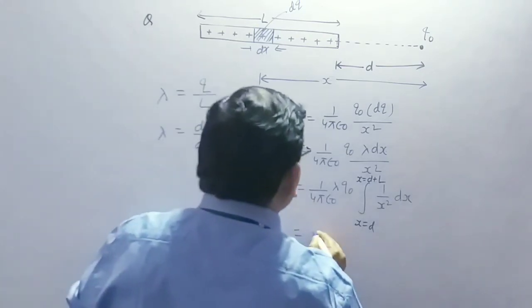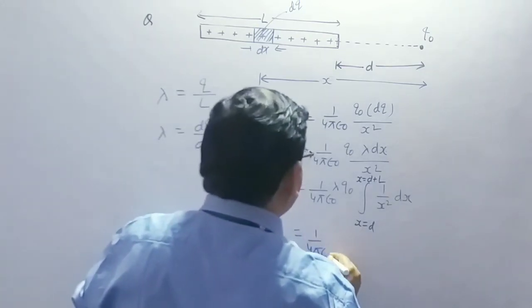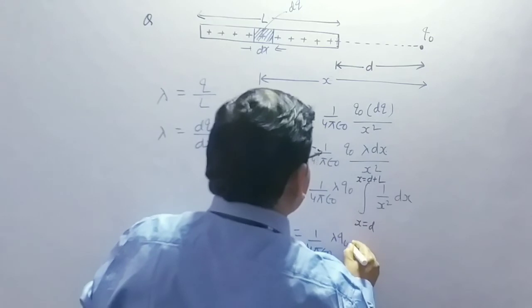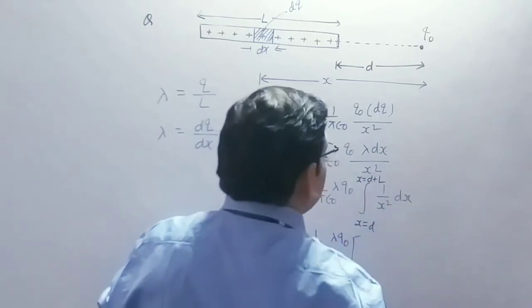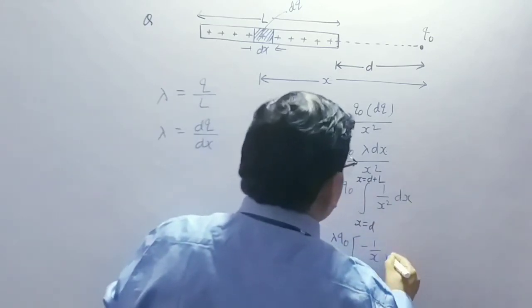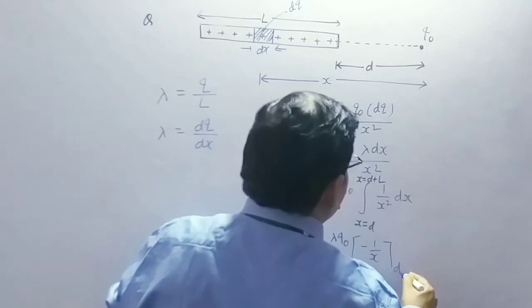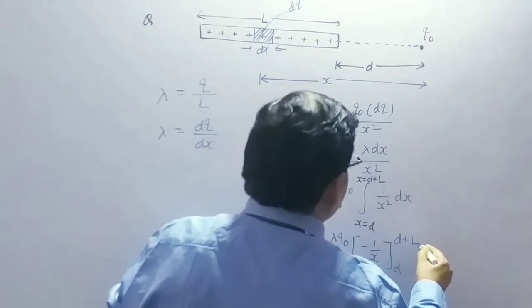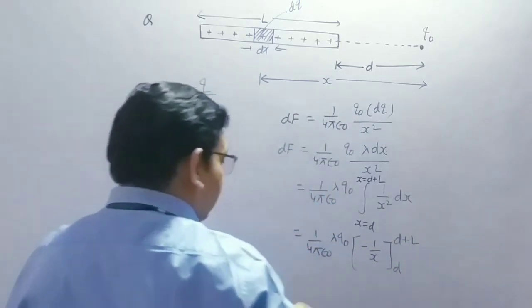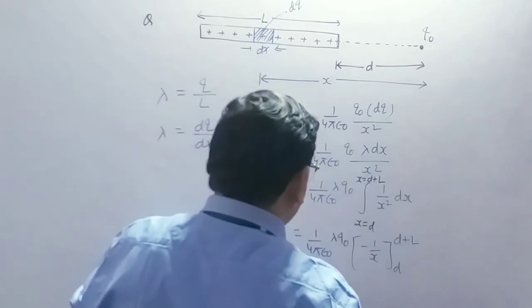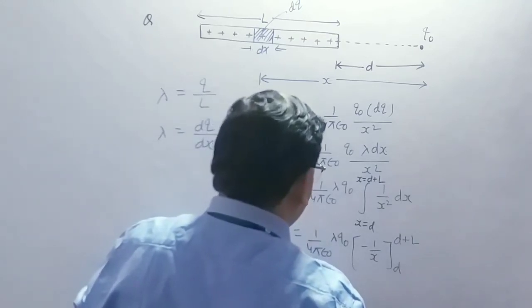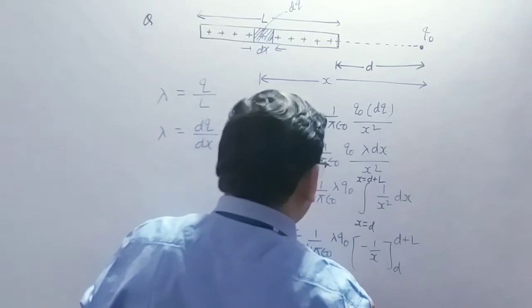Now 1 by 4 pi epsilon lambda q naught, the integration of 1 by x square dx is minus 1 by x, with the limit from d to d plus L. Now put in the upper and lower limits.